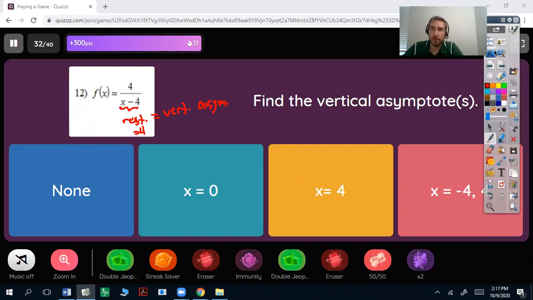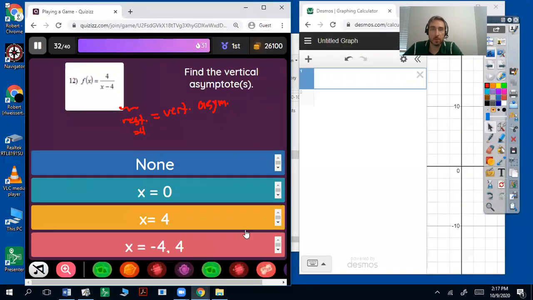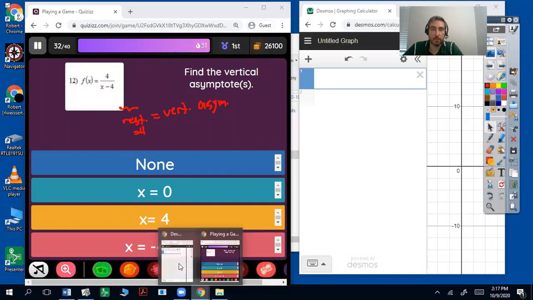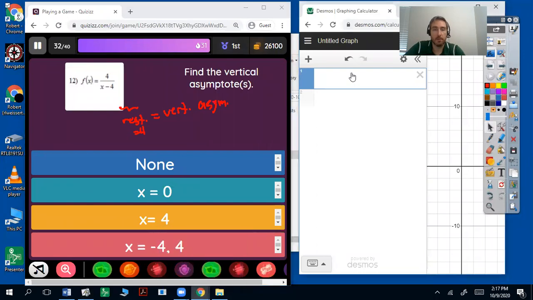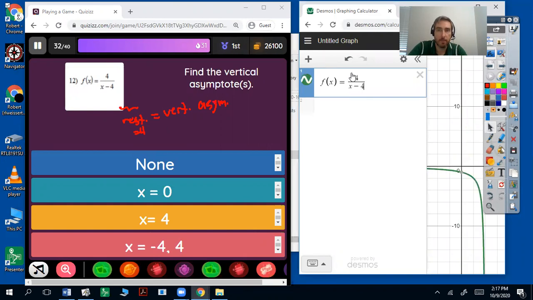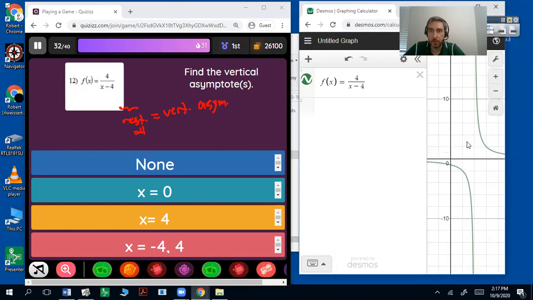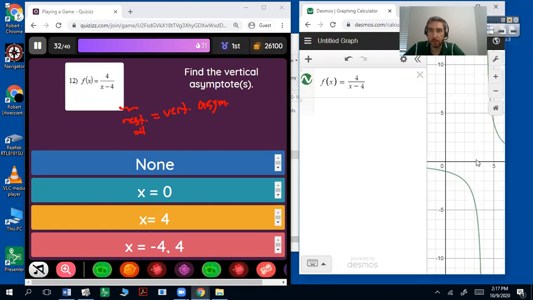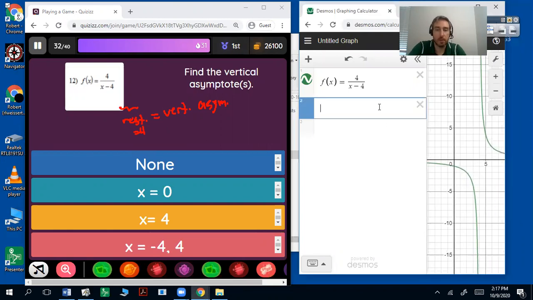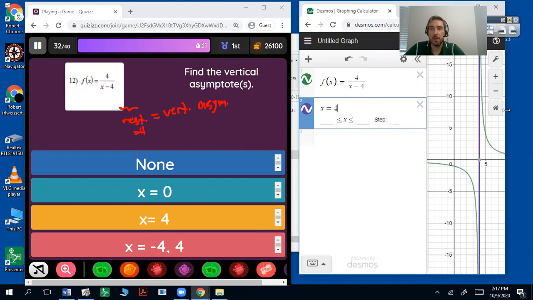Now we can graph that and visualize what that's going to look like on Desmos. So let's go ahead and do that real quick. You say f of x equals 4 over x minus 4. And when we look at the graph, you can see a vertical line at x equals 4 where that graph tries to avoid touching.